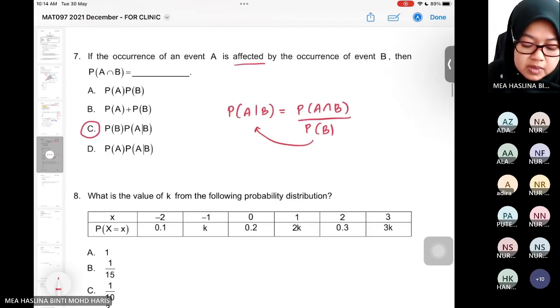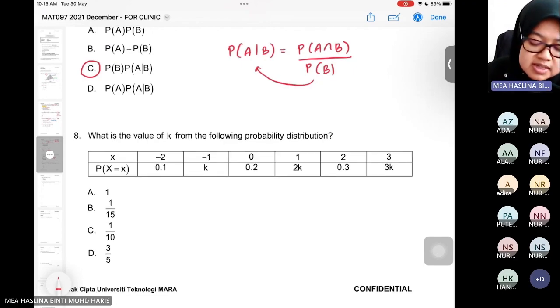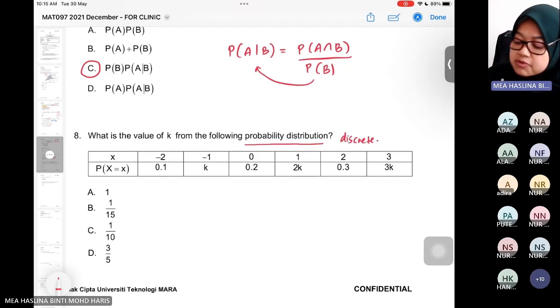Okay. Number 8. What is the value of K from the following probability distribution? You know that, first of all, when you look at the given probability distribution, it's discrete. You can also check from the values of X given, discrete values.